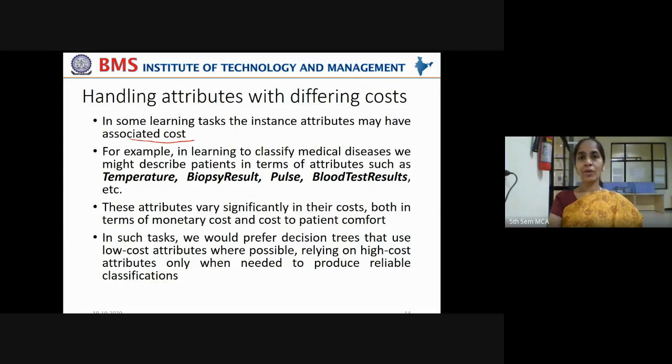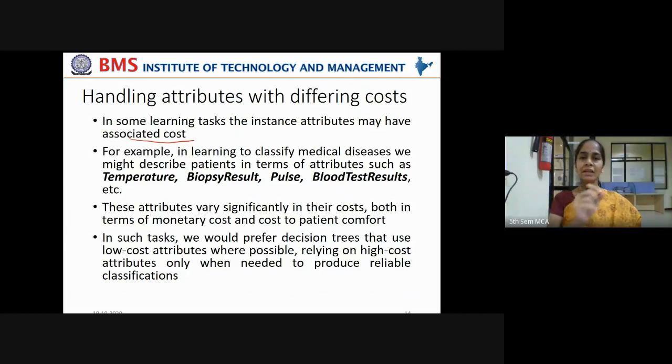Or say, when you're taking a medical test for a patient, some medical tests will be very costly and patients may not be comfortable taking those tests. Only some tests they'll take up. So for those tests, the values will be missing, and for the other tests, the values can be taken.